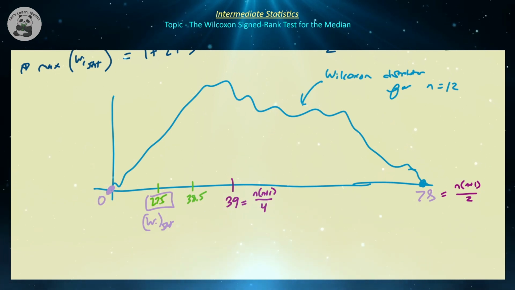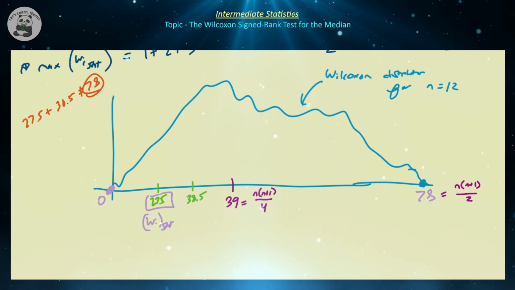Now, you should note that 27.5 and 38.5 does not equal our total rank of 78, because we did have some values in our original sample that were equal to the claim. So since that's the case, that's why you see both of these test statistics lying on the same distribution, which might be, on the surface, counterintuitive, but actually not quite.